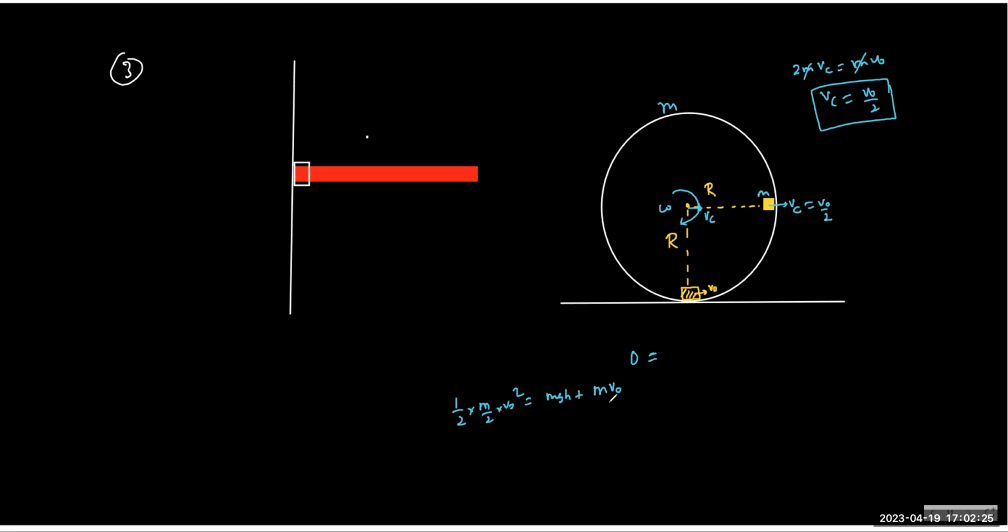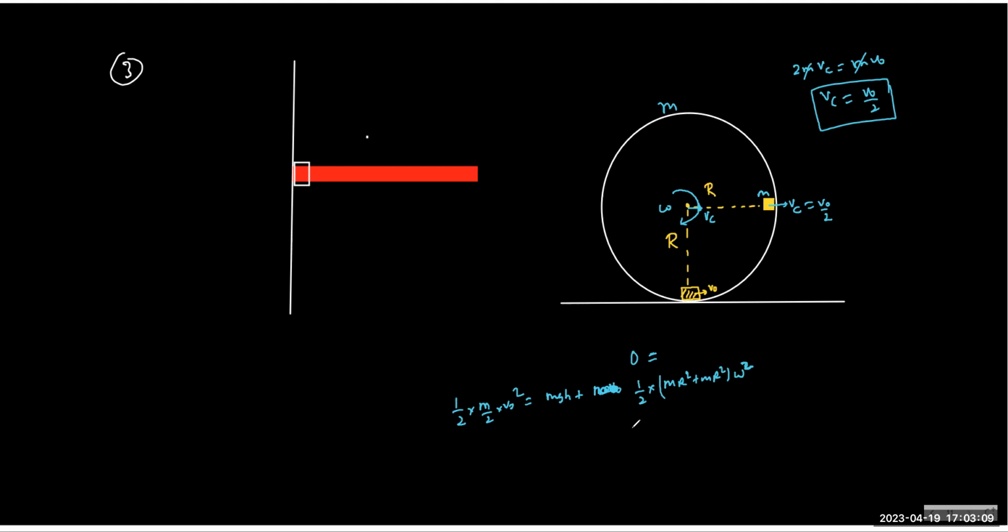So mgh plus half I omega square. The block will come to rest actually, completely. With respect to the ring or the ground side? But angular momentum is 0. Sir, but the block isn't rotating. No?